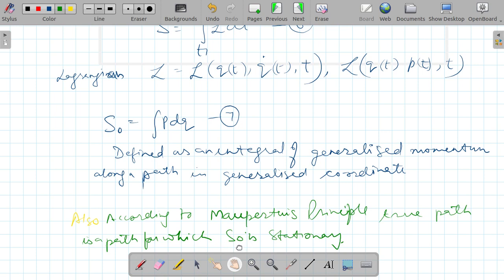So this stationary path is the idea from classical mechanics from the action integral.